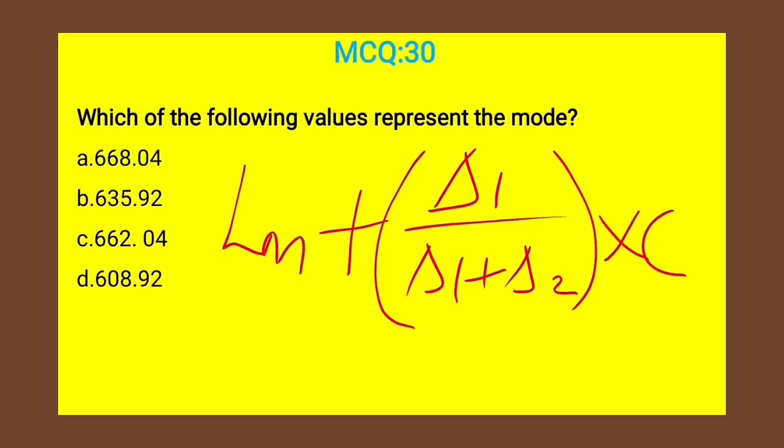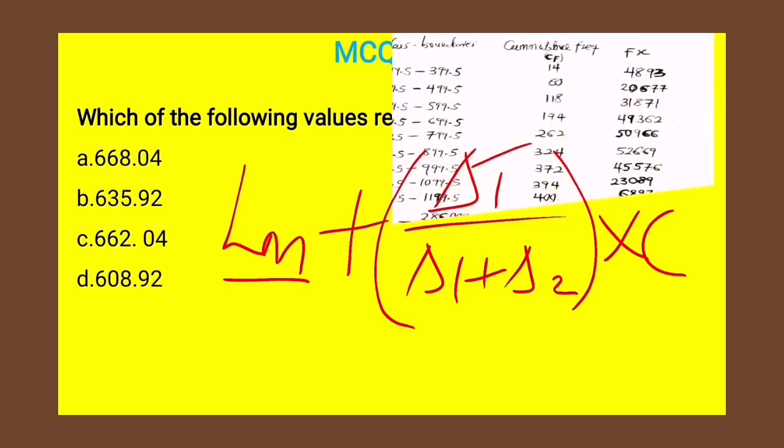L is the lower class boundary of the modal class, delta 1 is the difference in frequencies before the modal class, delta 2 is the difference in frequencies after the modal class, and C is the class width of the modal class.